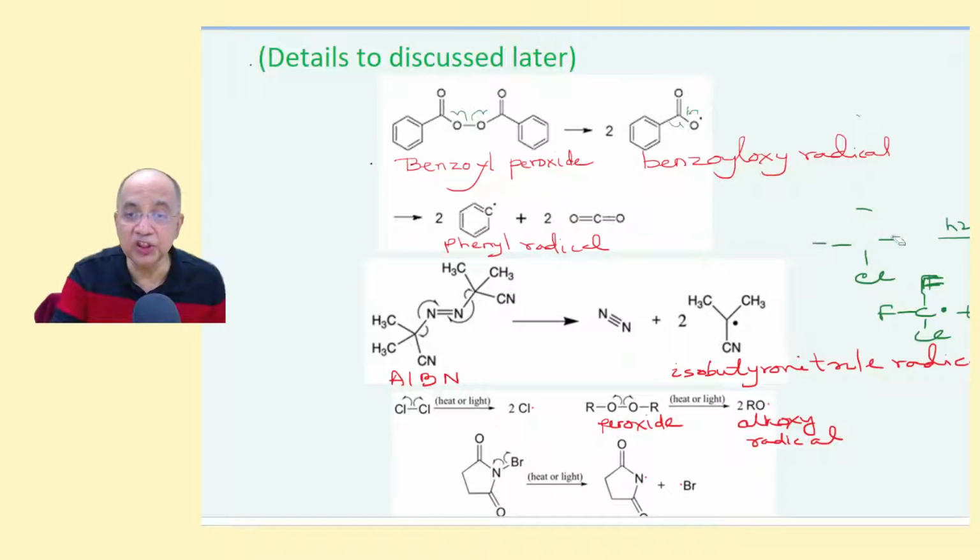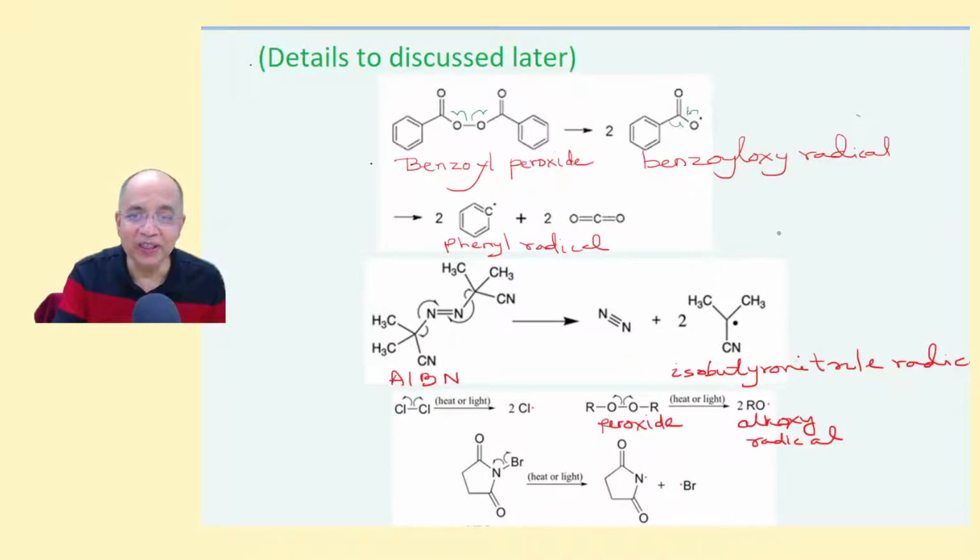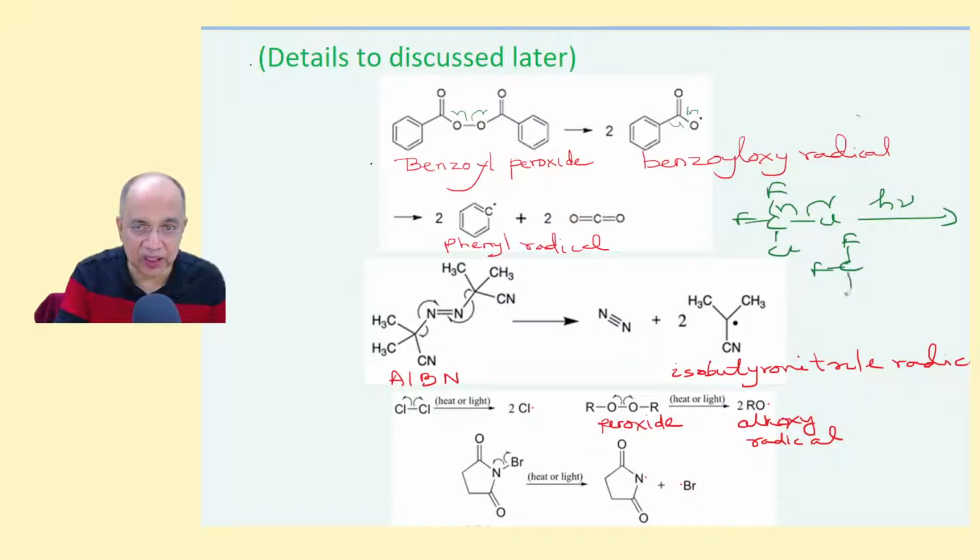I will just remove it. It is under my control. So I will show you that if you take a chlorofluorocarbon like CF2Cl2 and put sunlight, then there will be homolytic cleavage. So you get one CF2Cl free radical plus one chlorine free radical.